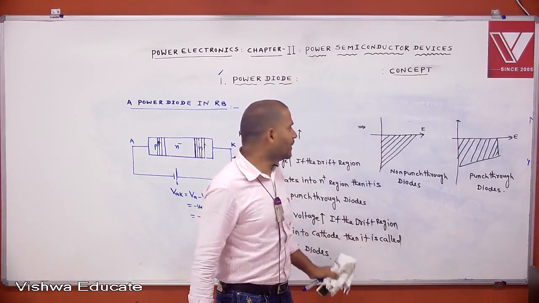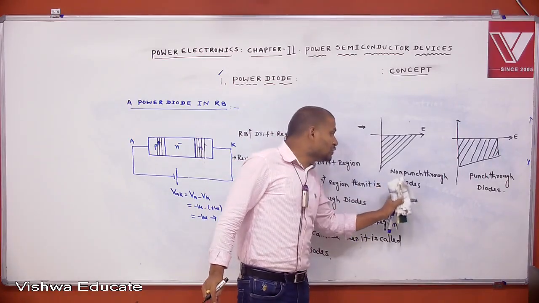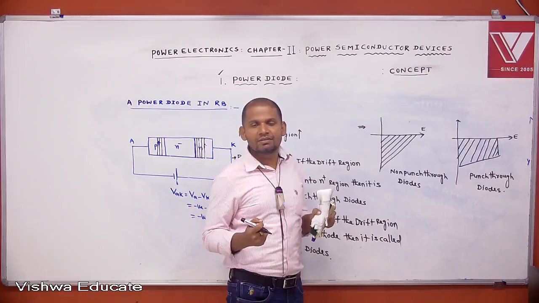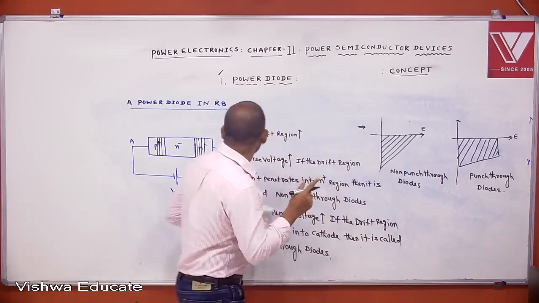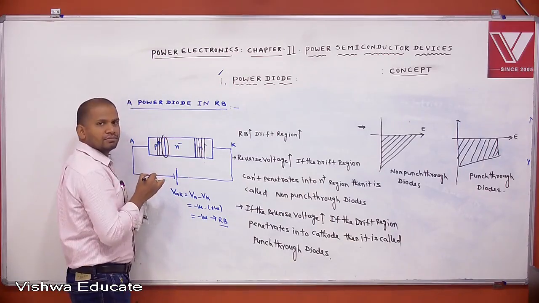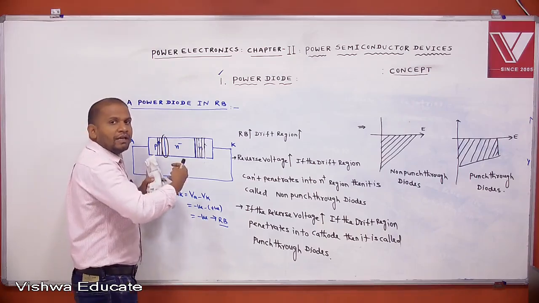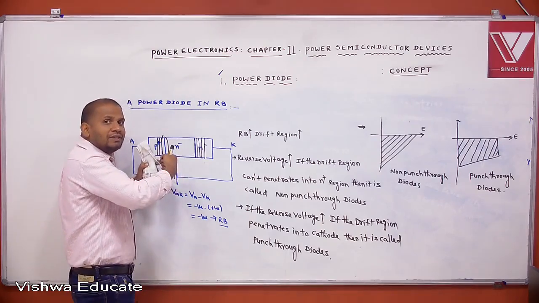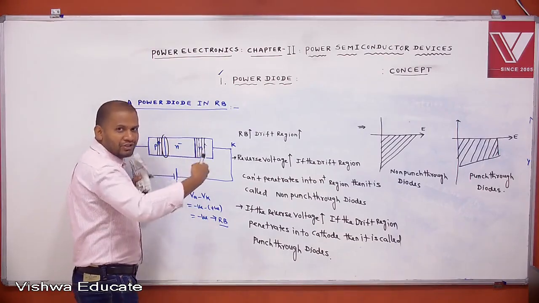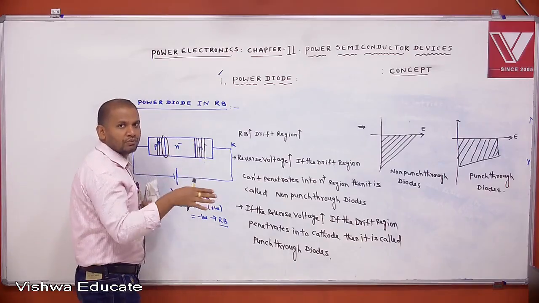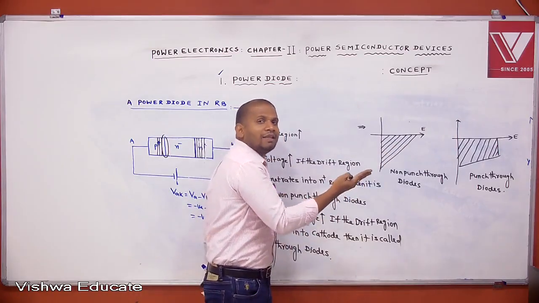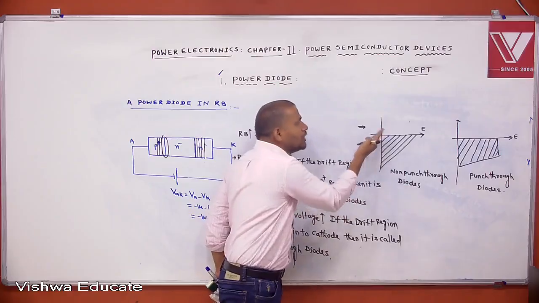Understood? That means in a non-punch through diode, the electric field strength variation is like this. It is maximum at the P plus N minus junction. As the field moves towards the end of the region, the field strength goes to 0.